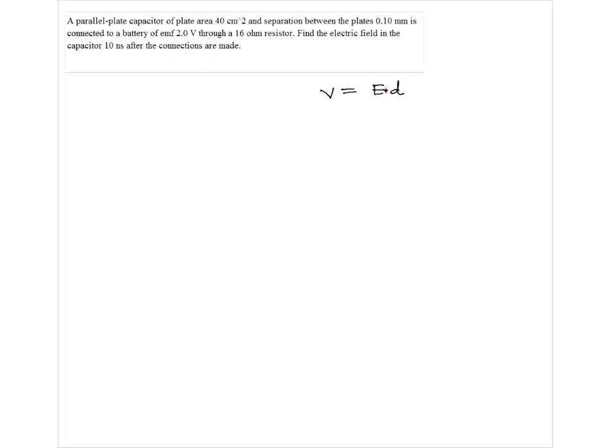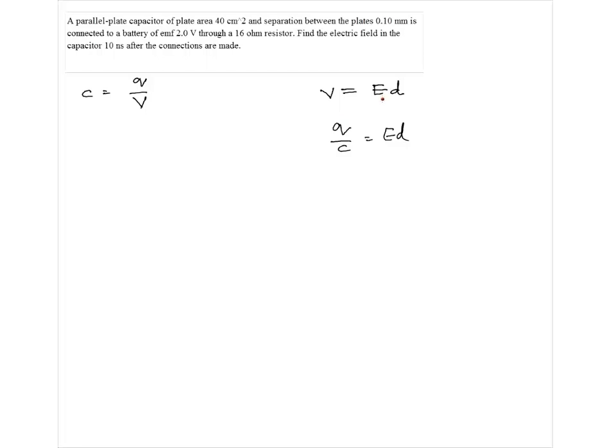Electric field depends on the potential difference, and C is Q by V. V across the plates depends on C. So battery's EMF is different. The potential difference across the capacitor plates is different, which we are calling as V. And because of the potential difference across capacitor plates, there is electric field, which we are calling as E.